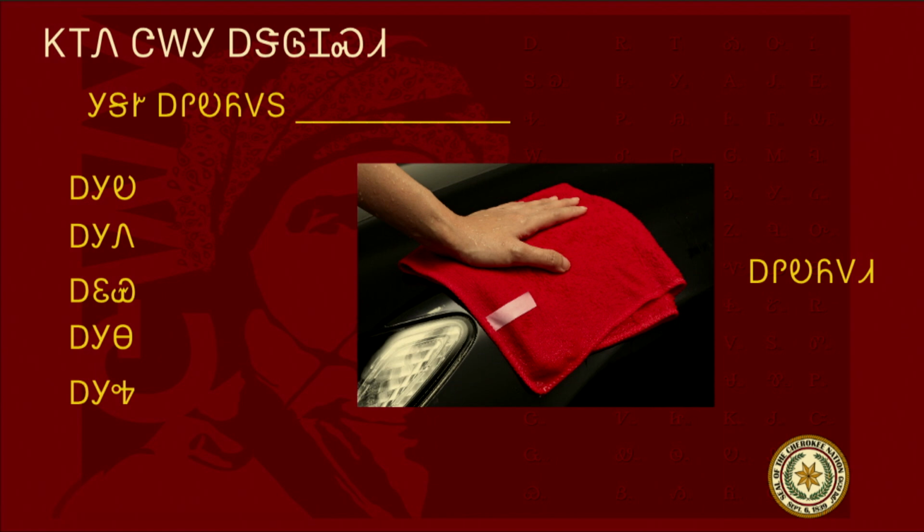Would it be agika, agihne, aguya, agina, agiha? Okay? For I have a red towel. Would you choose agika? No, that's for something alive. Would you choose agihne? No, because that's something that's liquid.